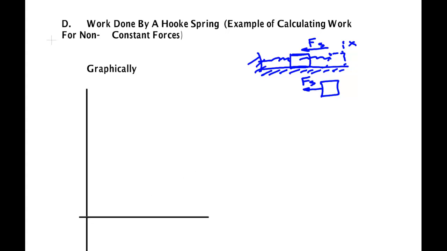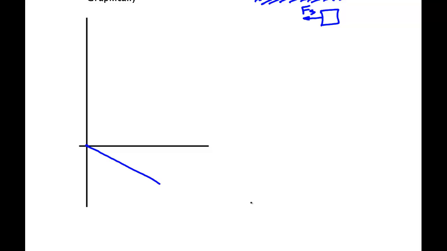So we know what it looks like. It looks like this. So you pull it some distance x, and it has some value minus kx.